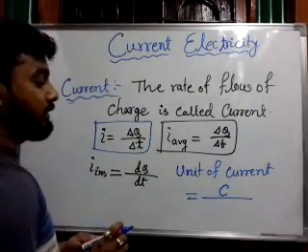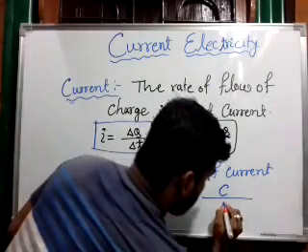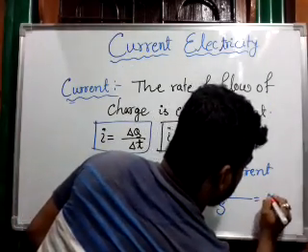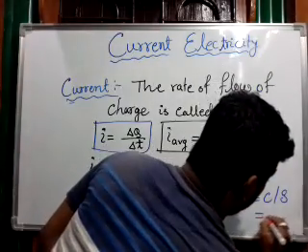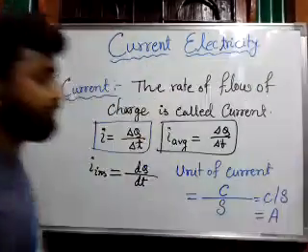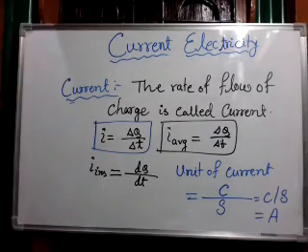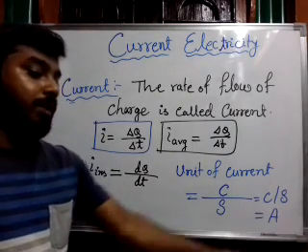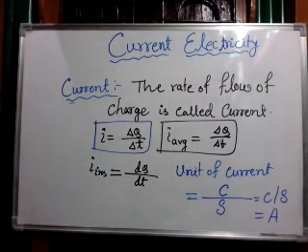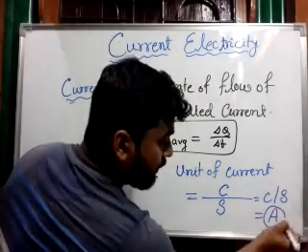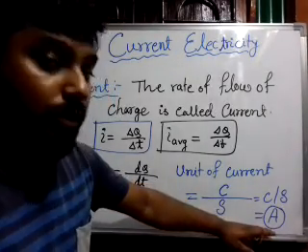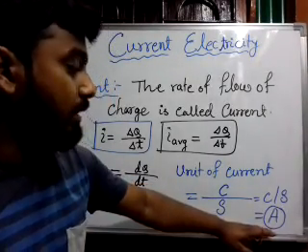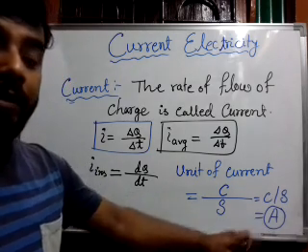Time is in seconds. So coulomb per second, and it is also called ampere. Unit of current is also called ampere. Ampere is also a fundamental unit.